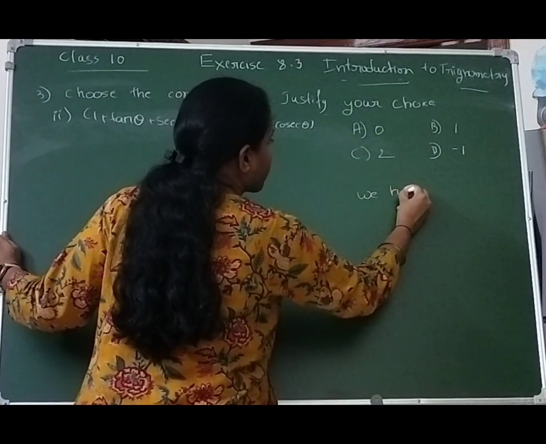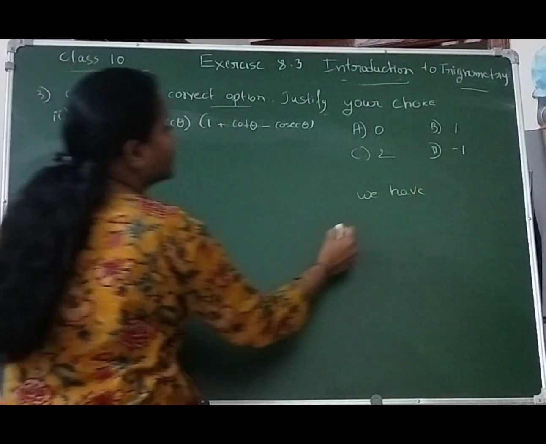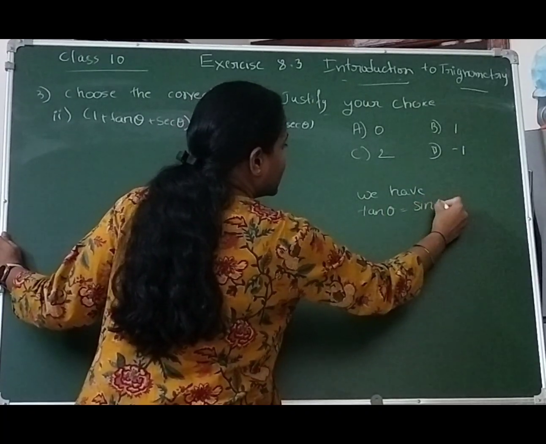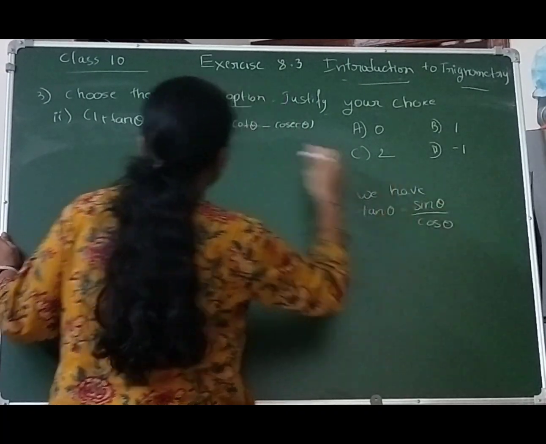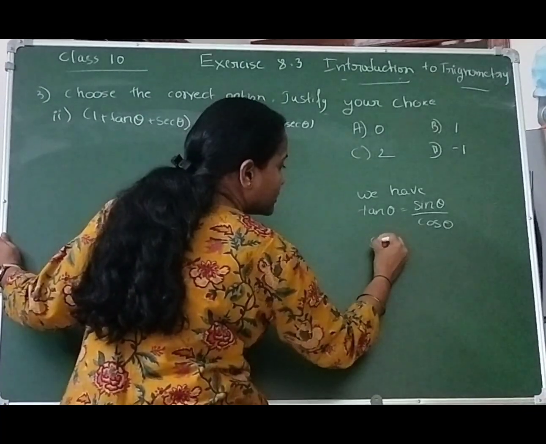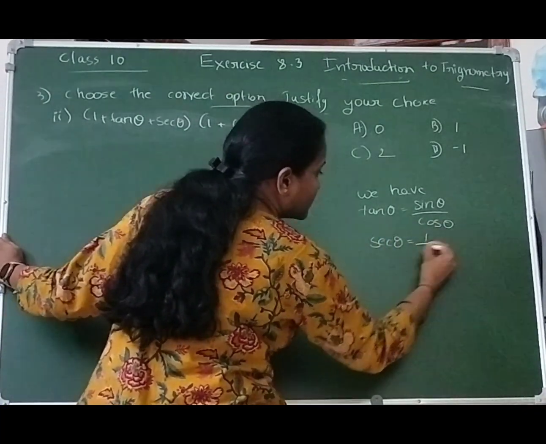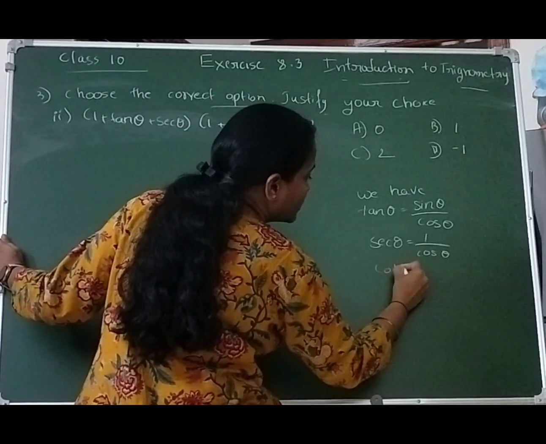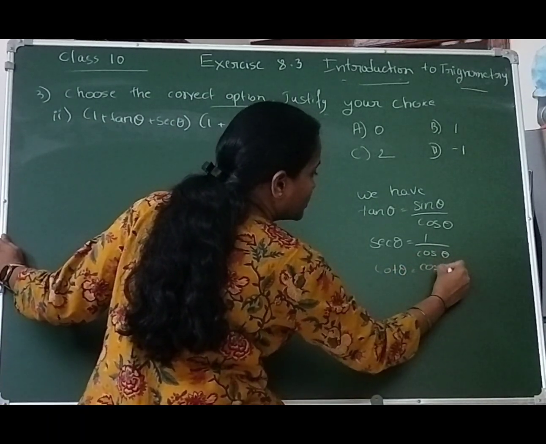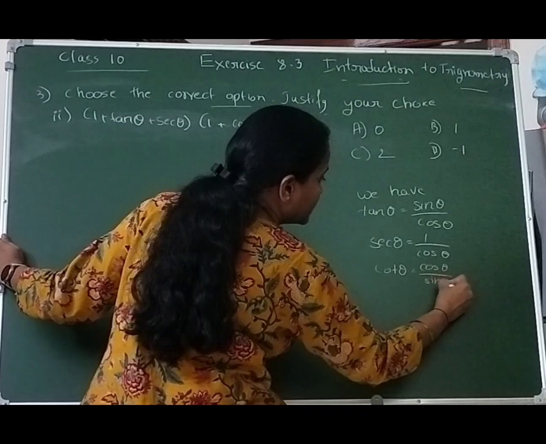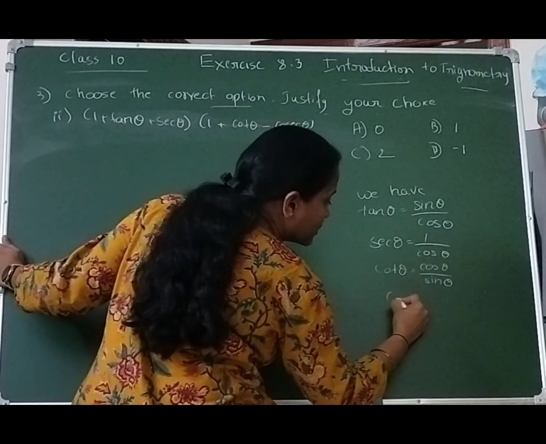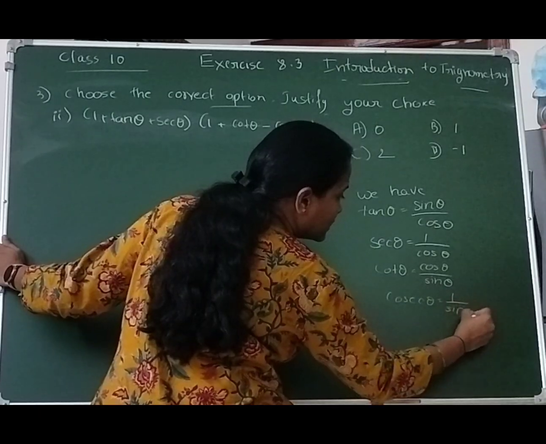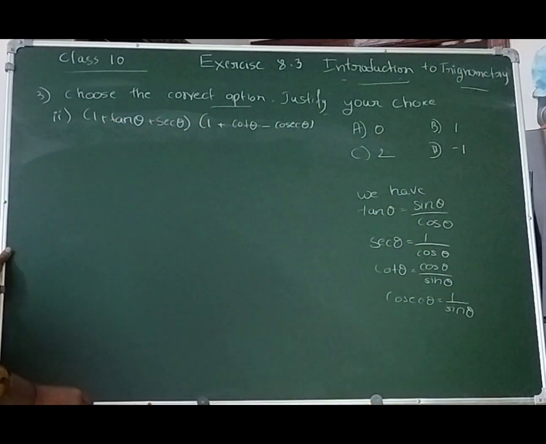We know that tan theta is equal to sin theta divided by cos theta, and secant theta is equal to 1 by cos theta. Next, cot theta is equal to cos theta by sin theta. Next, cosecant theta is equal to 1 by sin theta.